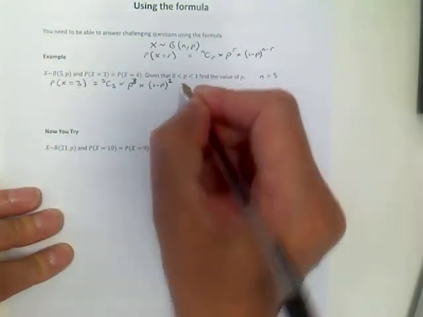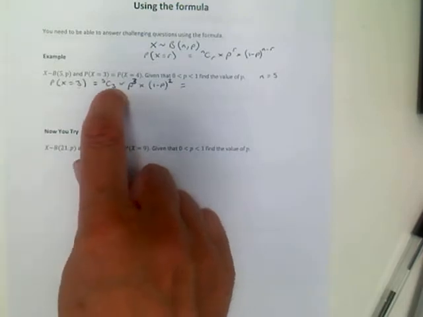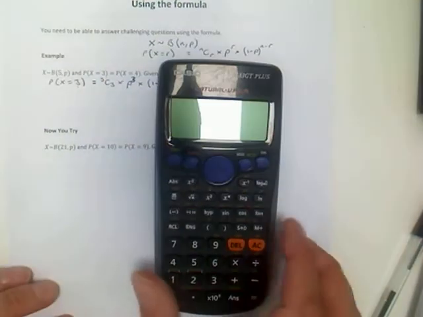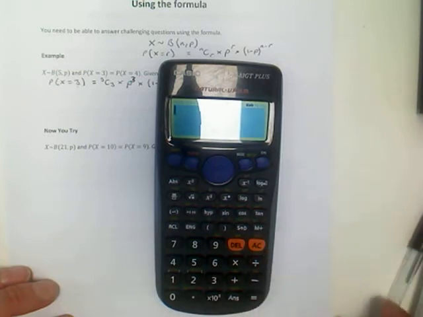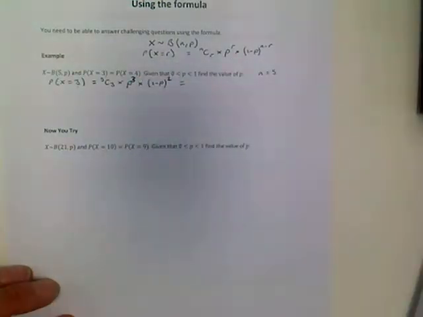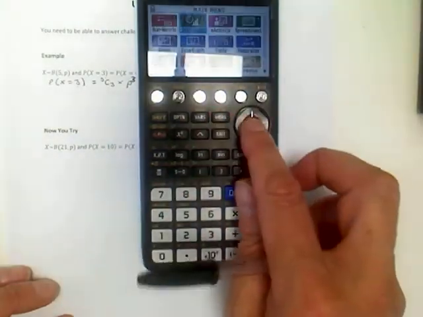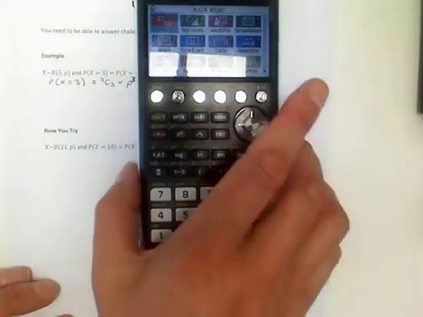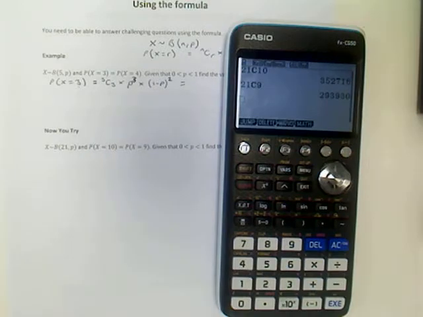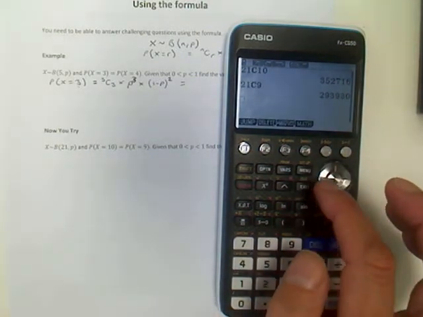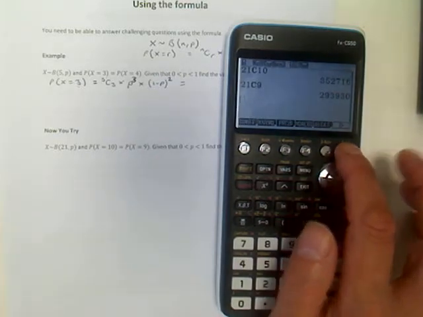Okay, right, I'm going to just evaluate this. I'm going to do my 5C3, and I think when I did it before I recommended using the scientific calculator because you've got the NCR down there. I'm just going to do this on the graphical calculator just to show you where to find it. There's just a few more buttons to find it. If I go into the normal part of the calculator, I press option and then go across.